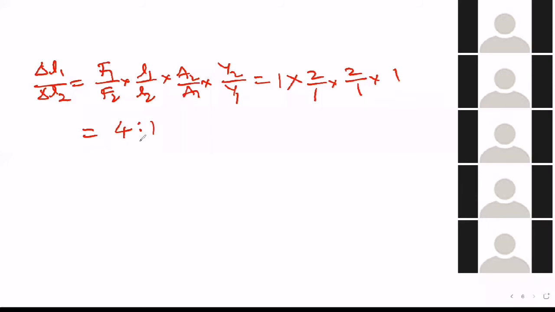Okay. Right. But I will give you a generalized formula. See here.